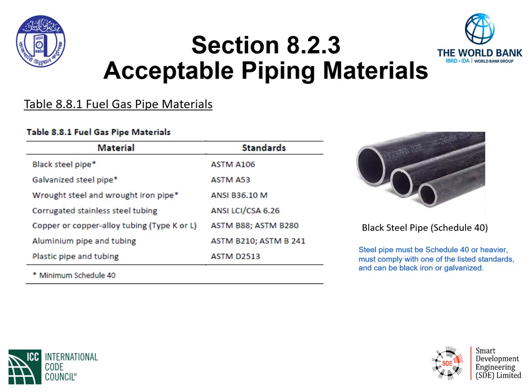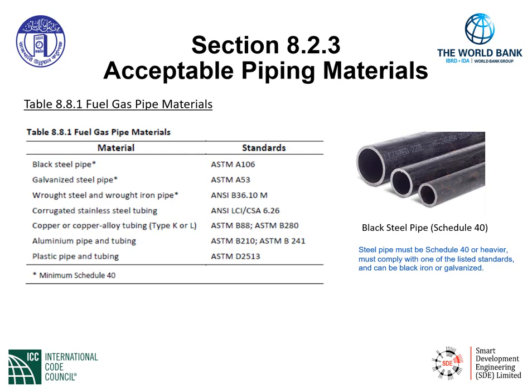When we look at this table, on the left-hand side, the table indicates the piping materials that are suitable for gas piping systems. Some of the materials you'll see are black steel pipe, galvanized steel pipe, wrought steel, wrought iron pipe, corrugated stainless steel tubing, abbreviated CSST, can be utilized as well.